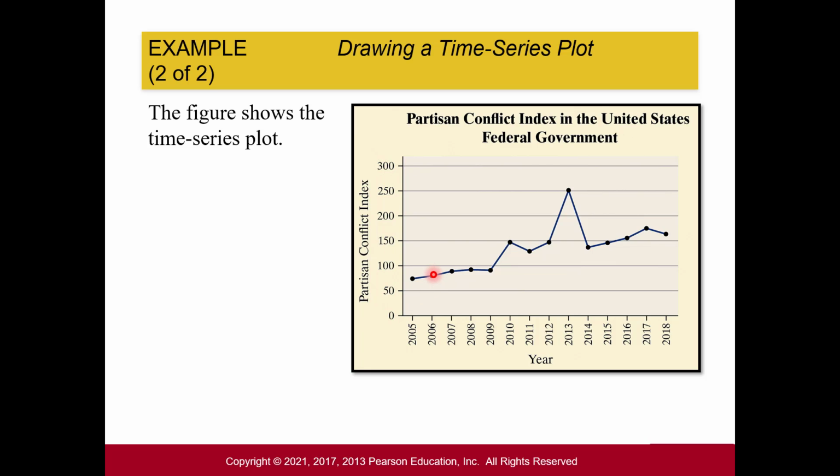We have a point at the intersection of the year and the PCI value. And then just notice a couple of jumps. In 2010 there was a small jump, and then in 2013 was the highest point. There was midterm elections this year, and then there was a federal government shutdown in the month of October this year, which is when this data was observed.